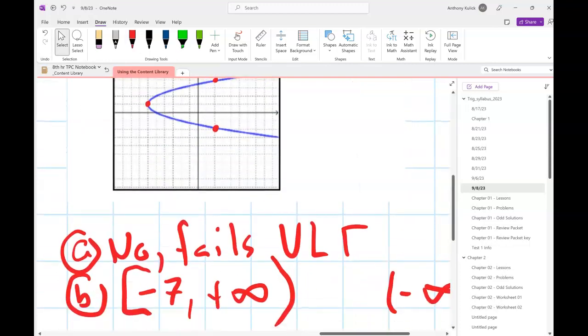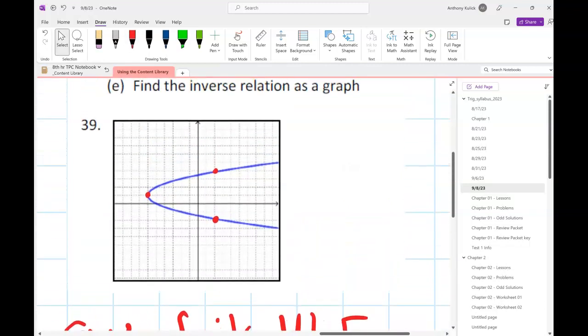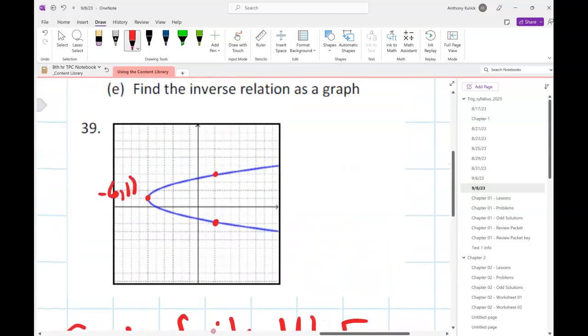I guess that's supposed to be -6 there instead of 7. Miscounted before. And if I take this one, this is 2, -2. And this one would have been 2, and then 1, 2, 3, 4.